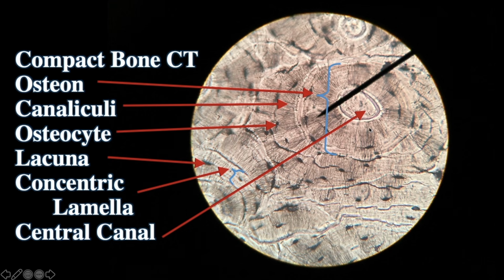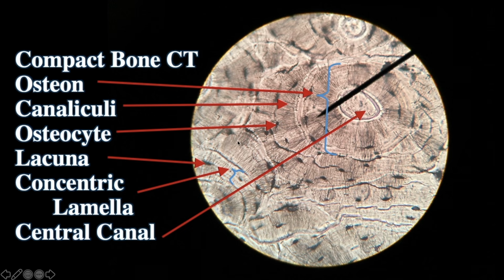And then you have the osteocyte, which are the black dots. The osteocytes are technically in lacuna, just like with cartilage. They are in lacuna. It's hard to see. So if you're asked what is this black dot, then you would say osteocyte. This is the mature bone cell.